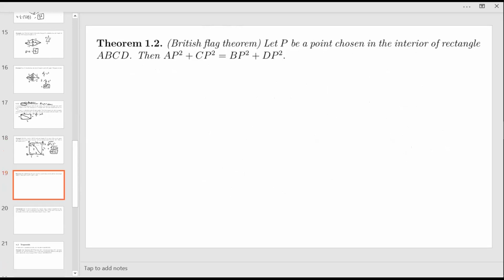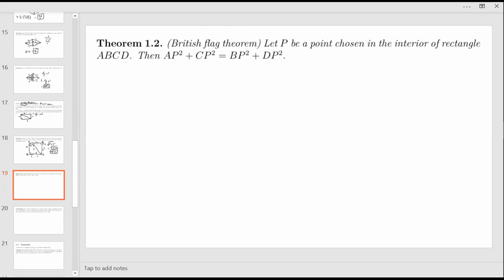Now we'll discuss a useful theorem that comes up frequently in competition math. It's called the British flag theorem. So basically, if we have a point P inside of a rectangle ABCD, then AP squared plus CP squared is equal to BP squared plus DP squared.